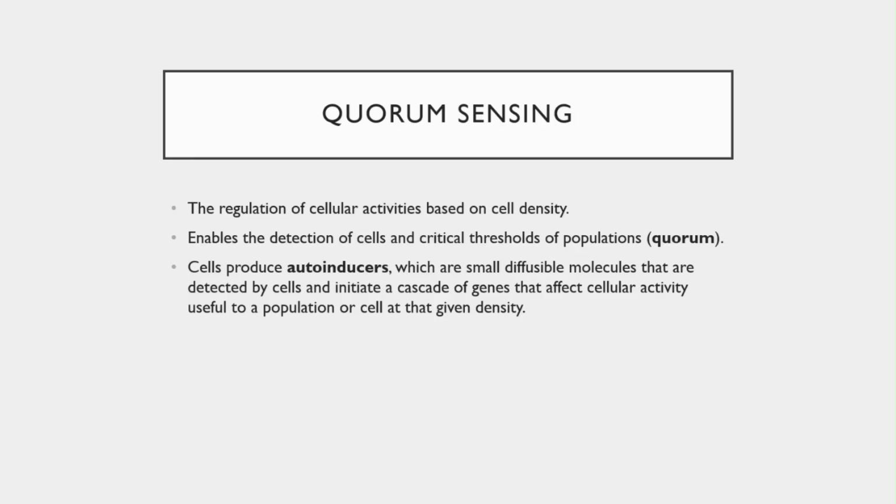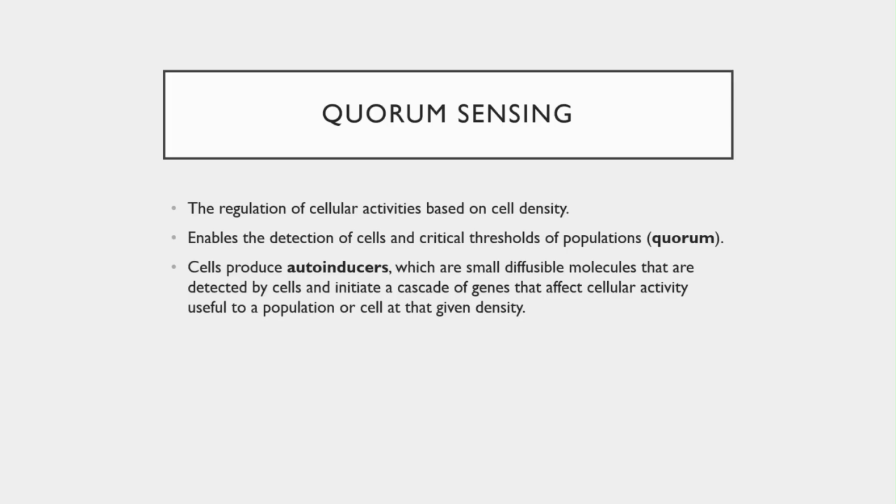Microbes do so with the use of something called quorum sensing, which is the regulation of cellular activities based on cell density. Or put another way, the self-regulation based on the number of cells for a given volume of area. Quorum sensing is the sensing of microbial populations, a quorum, and modulation of the cell's processes based on such information.